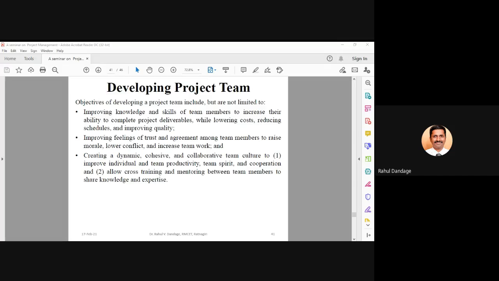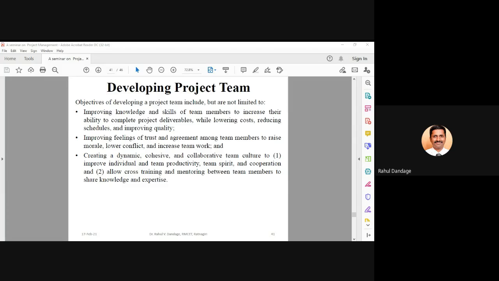People will be ready to learn, but there must be some structured efforts to develop the knowledge and skill of the team members. And if the knowledge and skill of the team member is enhanced, this will result in their improved ability to complete the project deliverables. We know what project deliverables have been defined, so they will be able to complete them.